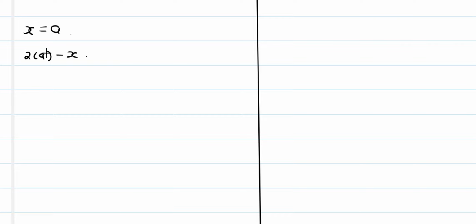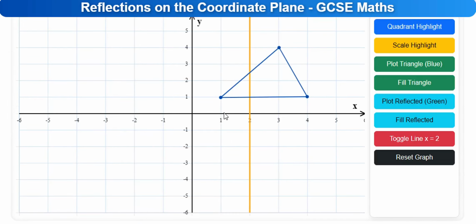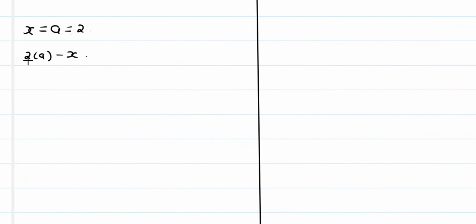This A is the value of the mirror line, and in our case that value was 2. But then this 2 outside the brackets is, you see, in reflection, it's like you are dividing a figure at the center. So for you to move from one point to the reflected point, you'll have gone twice the distance. That's why we have this 2 here.